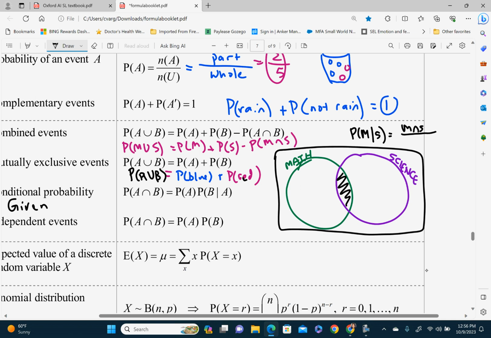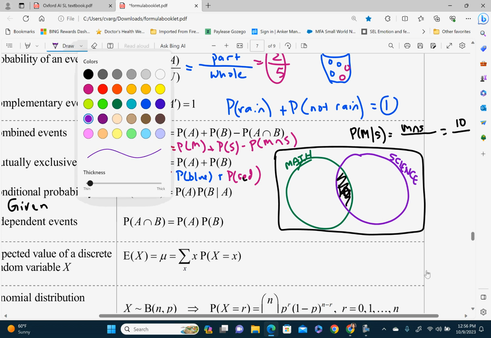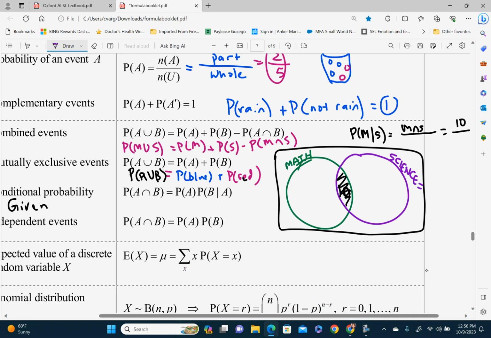So if I tell you that there are 10 students that are taking both math and science, the 10 would go on top, over whatever's on the second one, the S, the total number of science students. So let's just say the total number of science students is equal to 100, and that's everything. If you are taking a science class, you are in that 100. That's the total number that goes on the bottom. So the probability of math given science, all we have to do is take this fraction and simplify it.